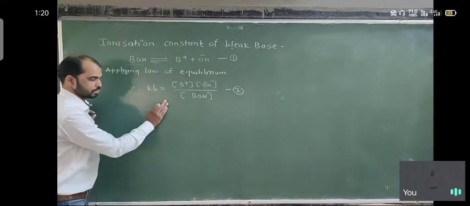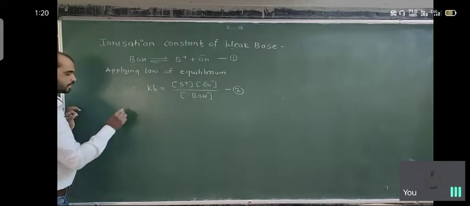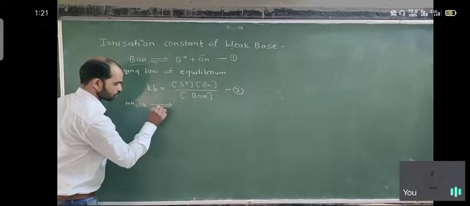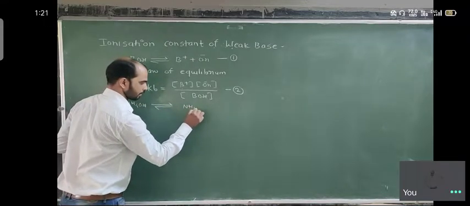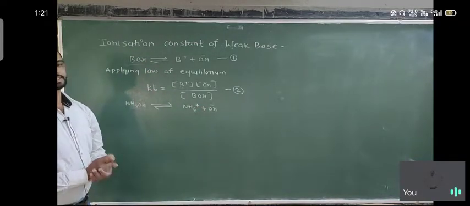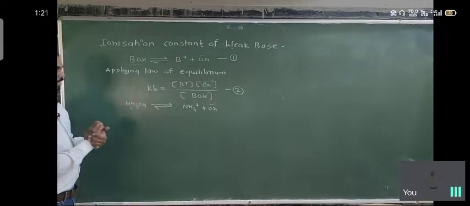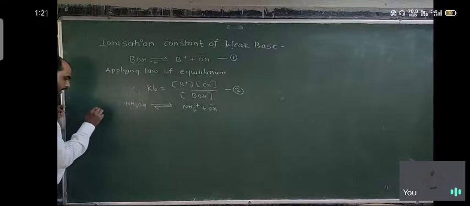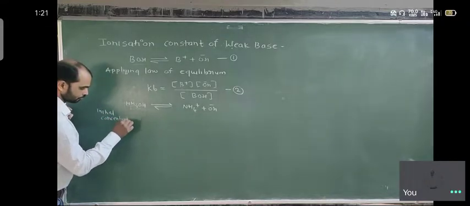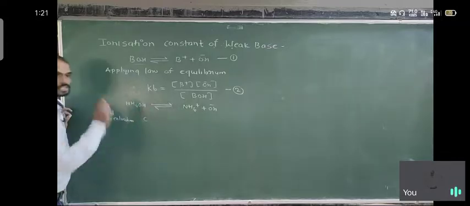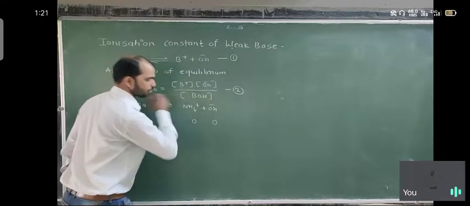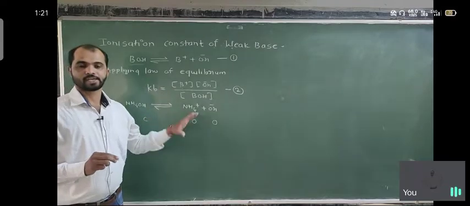To understand this, we consider a simple weak base, NH4OH. When NH4OH dissociates, it gives NH4 plus and OH minus. Considering the initial concentration, NH4OH has some concentration, expressed as C, but at the initial stage there is no formation of NH4 plus and OH minus, so their concentrations are considered 0.